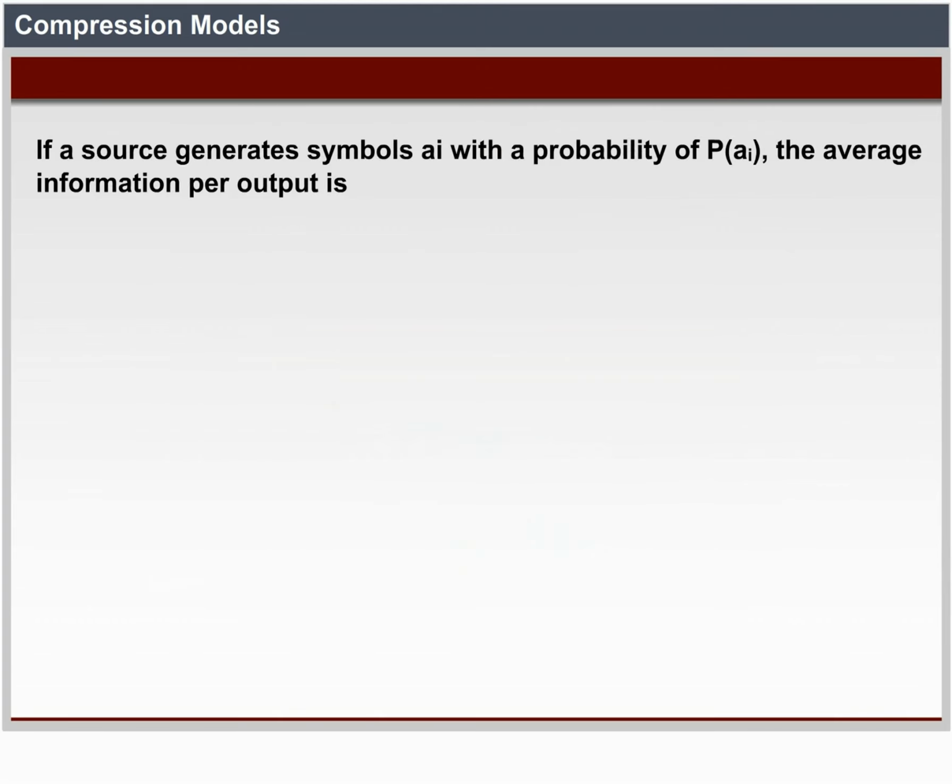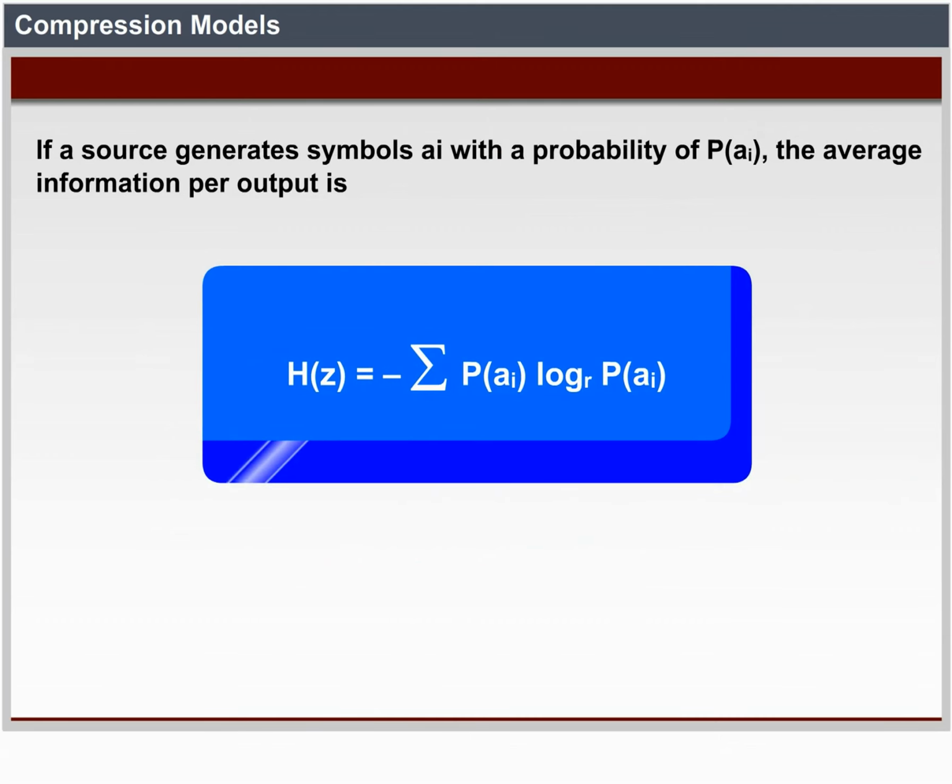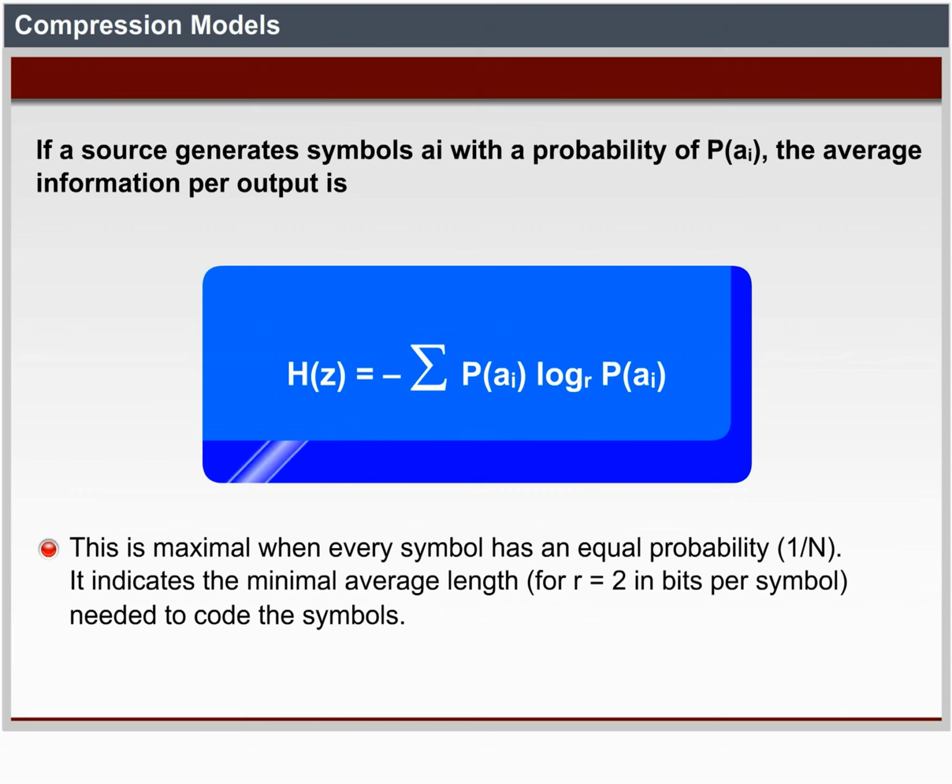If a source generates symbols a_i with the probability P(a_i), then the average information per output is H(z) equals minus sigma P(a_i) log_r P(a_i), the uncertainty or entropy of the source. This is maximal when every symbol has an equal probability, 1/n. It indicates the minimal average length, for r equals 2, in bits per symbol needed to code the symbols.